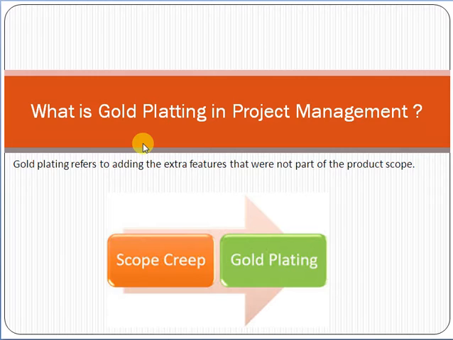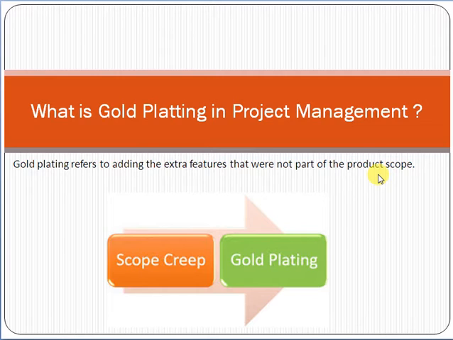Now if we talk about gold plating in project management, gold plating refers to adding extra features that were not part of the product scope. This is very common in the software industry and in general industry.